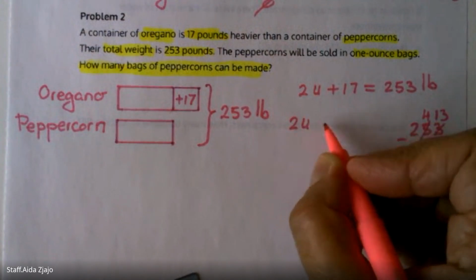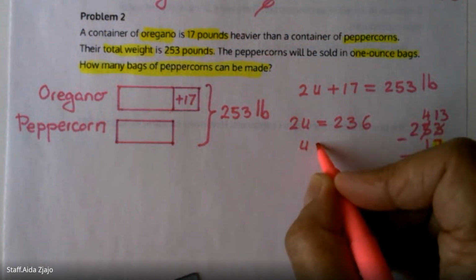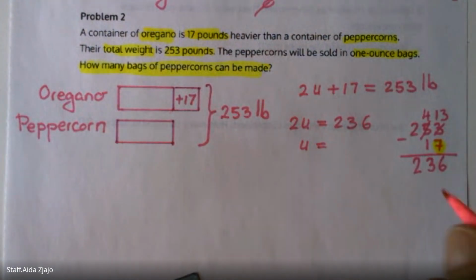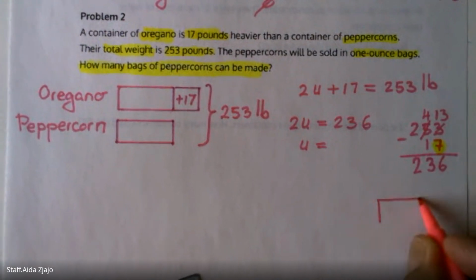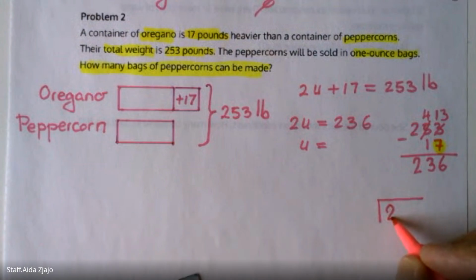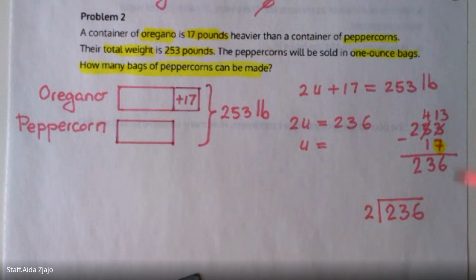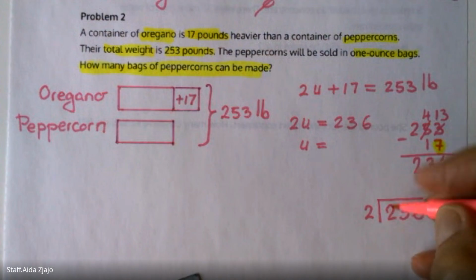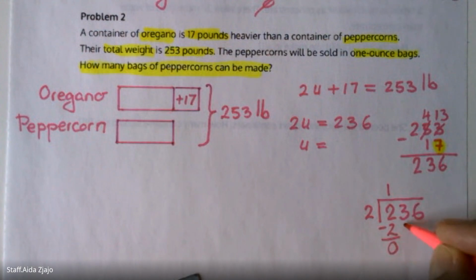If 2 units are equal to 236, then 1 unit would be half of that. So you can say divide by 2, or equally share. So you can do the standard division. Let's see, 236 divided by 2. 200 can be equally shared, so 1 in each group, minus 2, that's 0. Bring down the 3 tens.